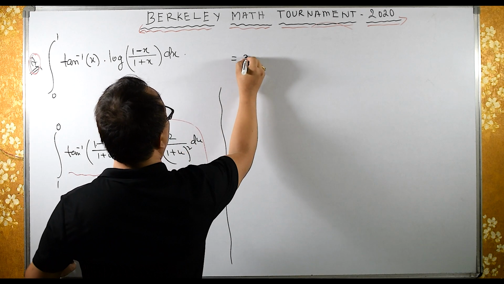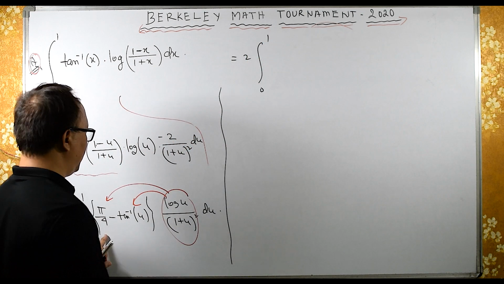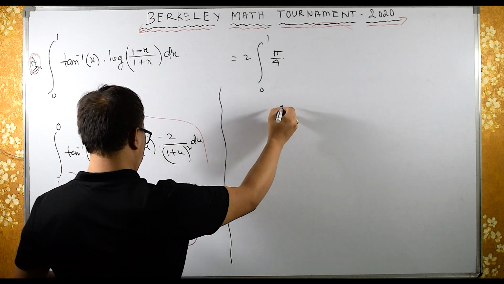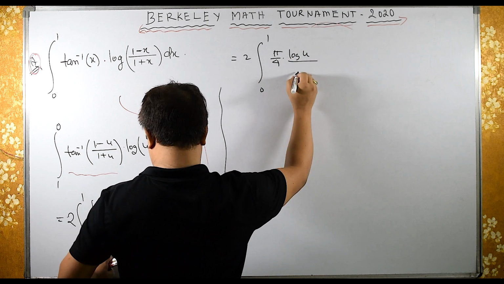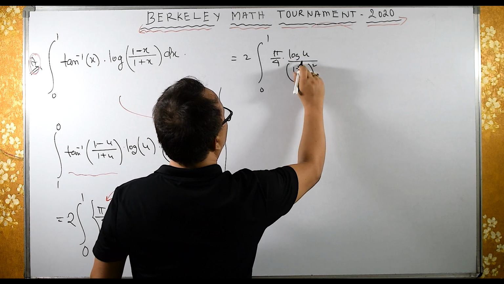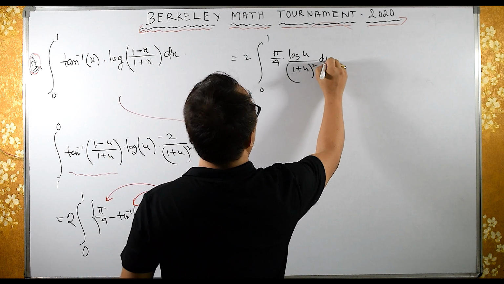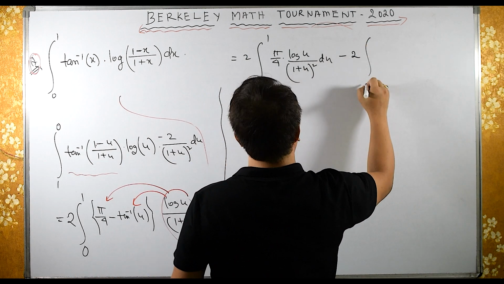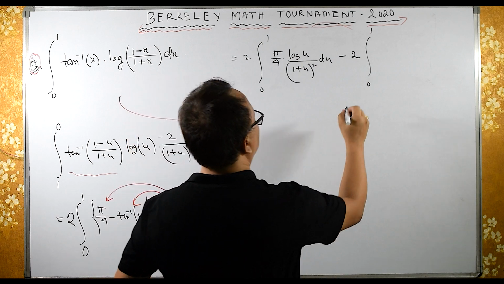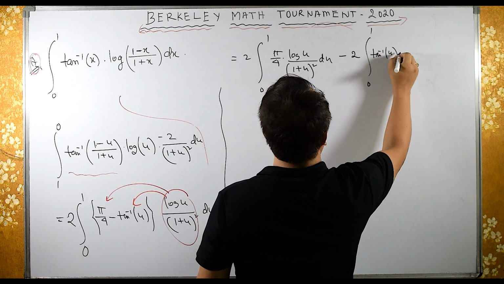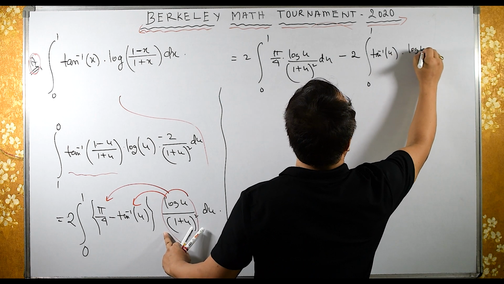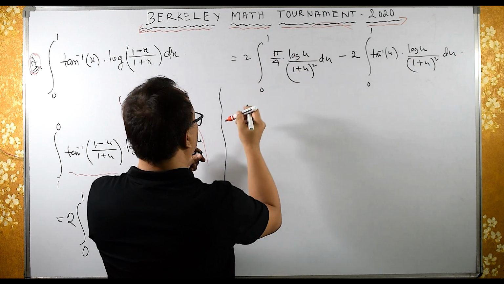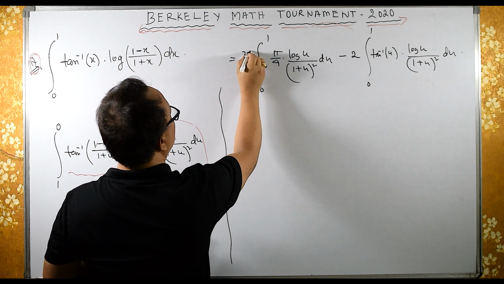Therefore this equals twice integral 0 to 1 of pi by 4 log of u upon (1 plus u) raised to square du, minus 2 integral 0 to 1 of tan inverse u into log of u upon (1 plus u) raised to square du.